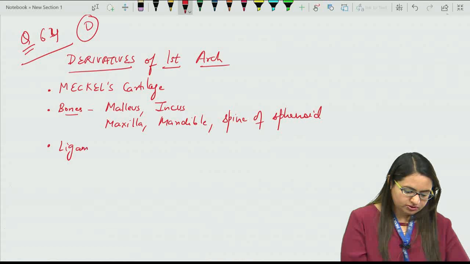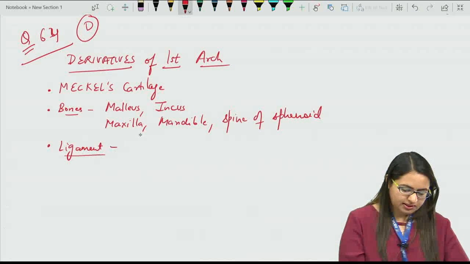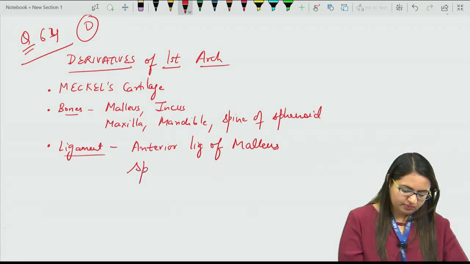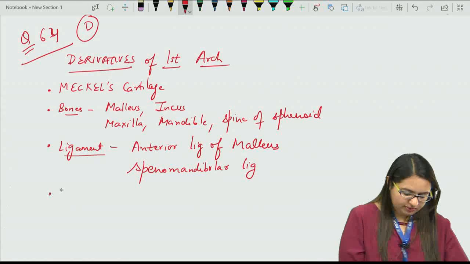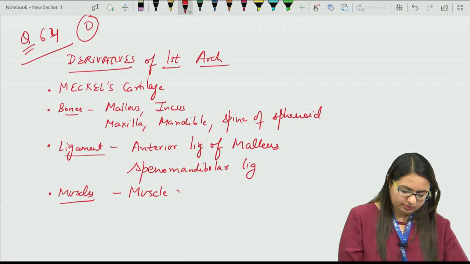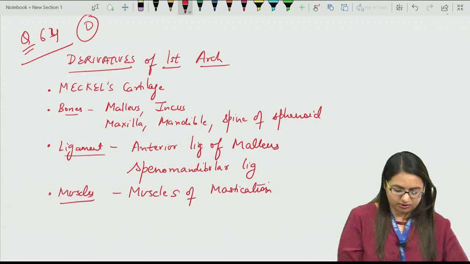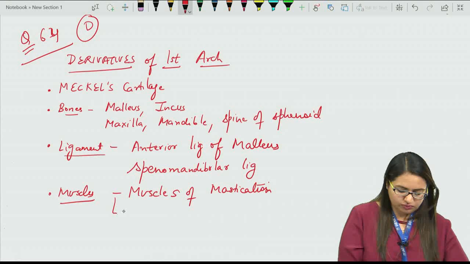The ligaments which are formed include the anterior ligament of malleus and the sphenomandibular ligament. Then the muscles which are included in this, all the muscles of mastication are formed over here. The muscles of mastication, that is temporalis, masseter, and both medial and lateral pterygoids, they are formed.